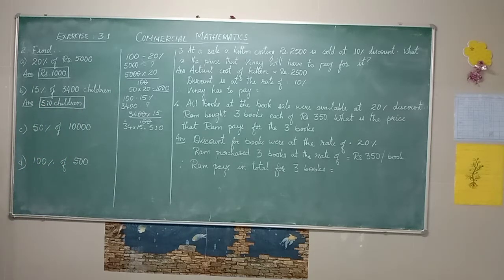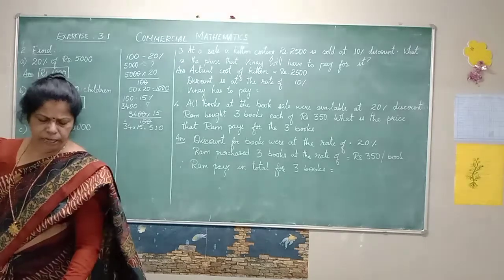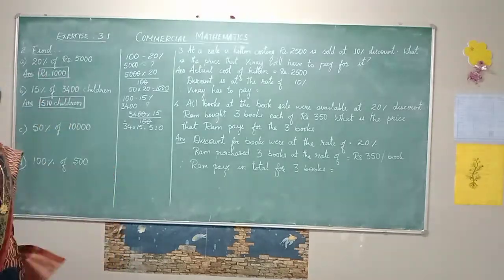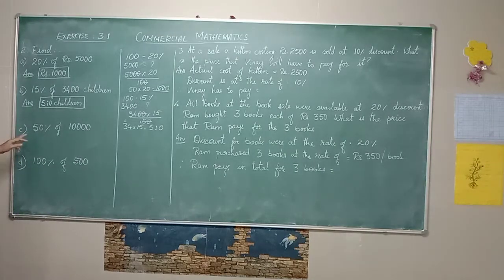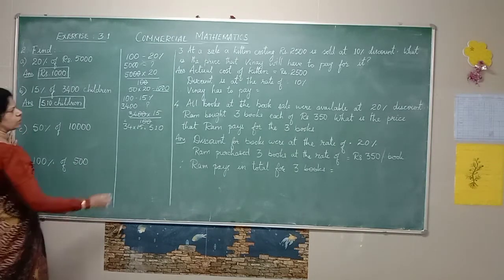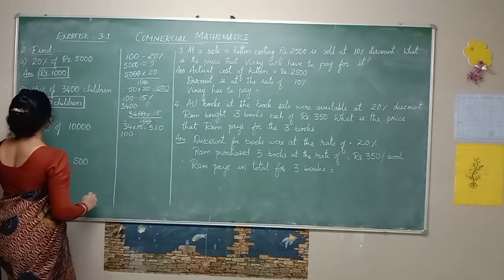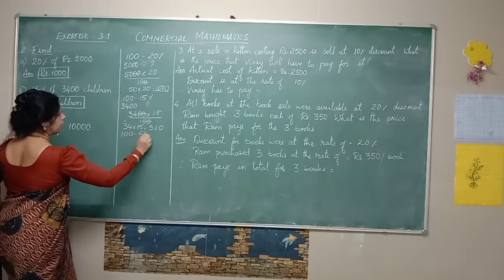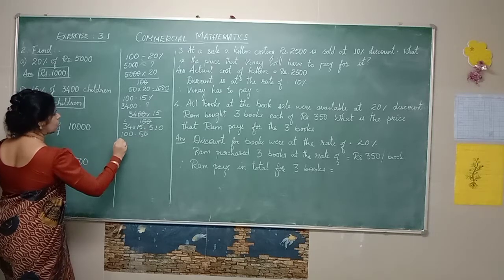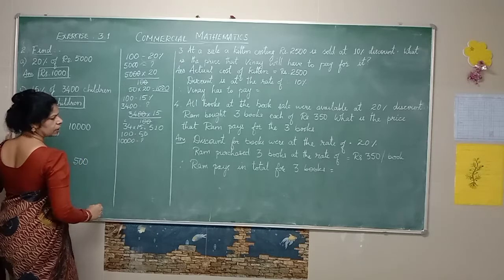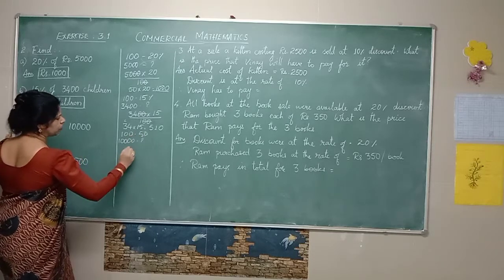Now let us see 50% of 10,000. They have not given any units here, just 50% of 10,000. You are just going to calculate it, that's all. For 100, it is 50. Then for 10,000, how much? Again, cross multiply.